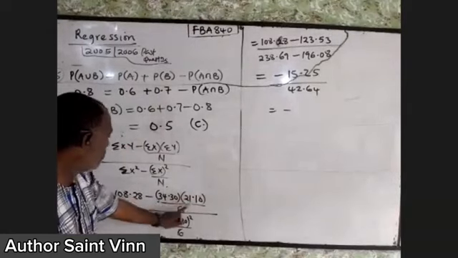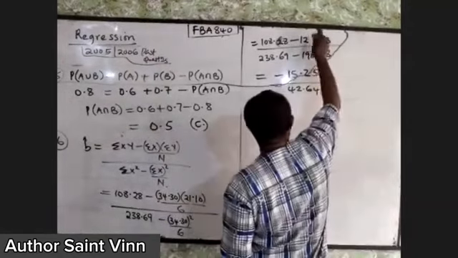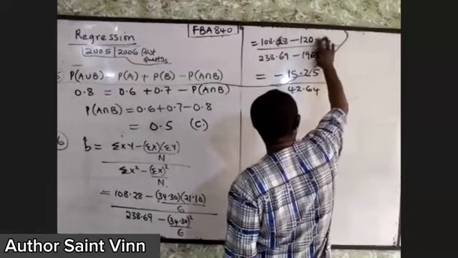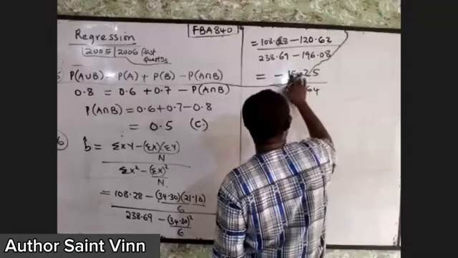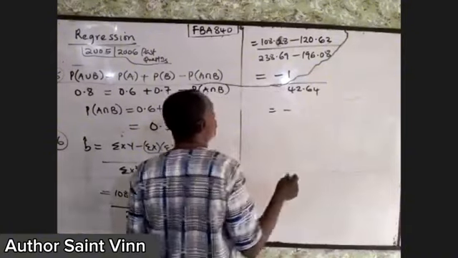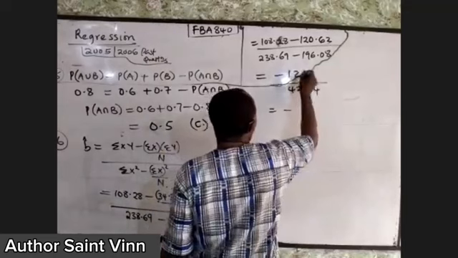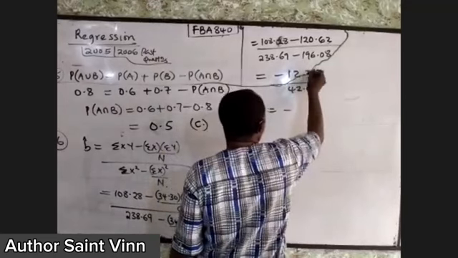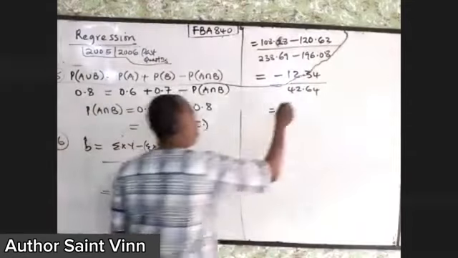This time 6 divided by 6. 120.6. So subtract that again. Minus 12.4. I believe this time it is okay. Divide, let's see.